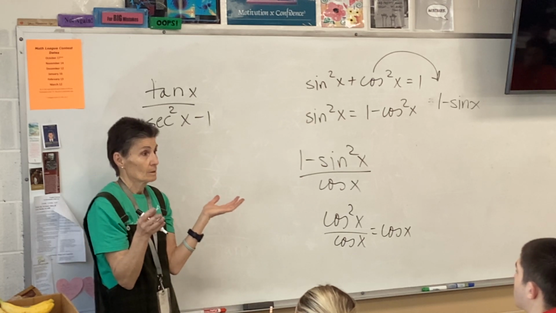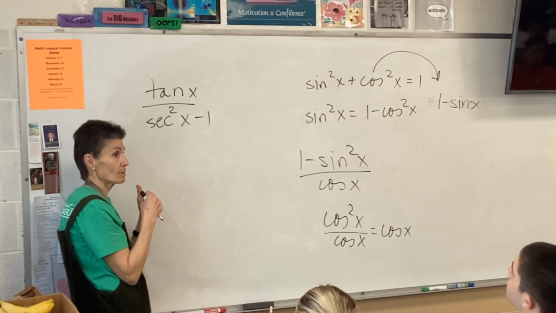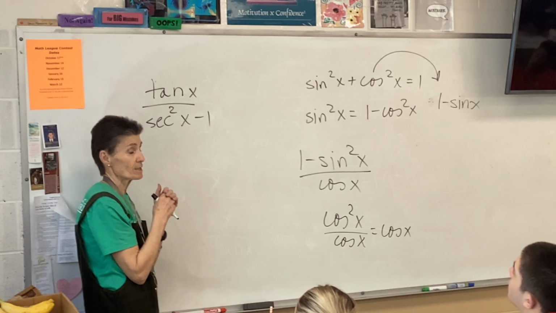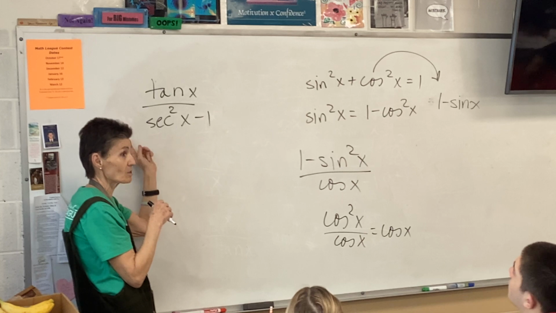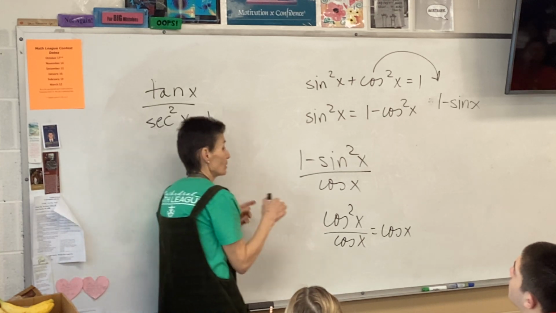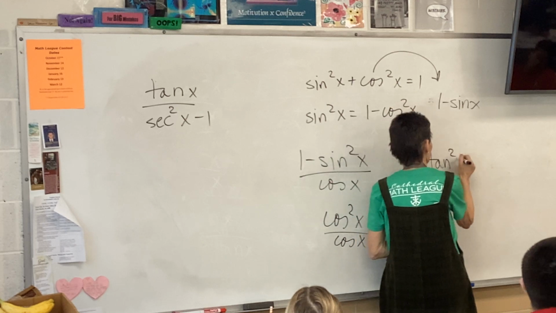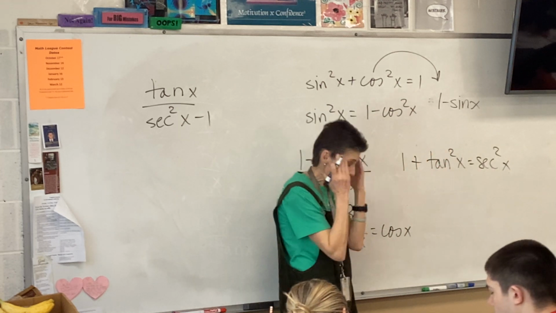No. You can't cancel. So we really need to change, well, I can't really change the tangent into a secant, but what's this? Secant squared minus 1, what's that? Go back to your identity. 1 plus tangent squared is secant squared. This is written on your paper, right there in front of you.